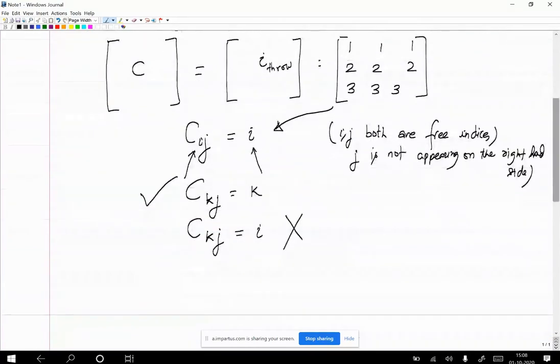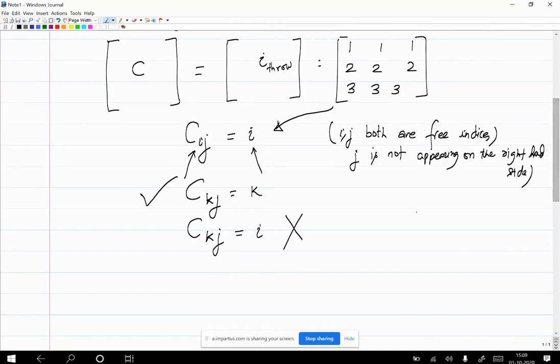Yes, sir. Sir, one more question. Is it only a mathematical concept, or does any physical system, like a stress tensor or anything else, have free indices that may not appear in all the terms? Yeah, it is not just mathematical, it can be even physical. Let us say you have a matrix whose terms are all the same.